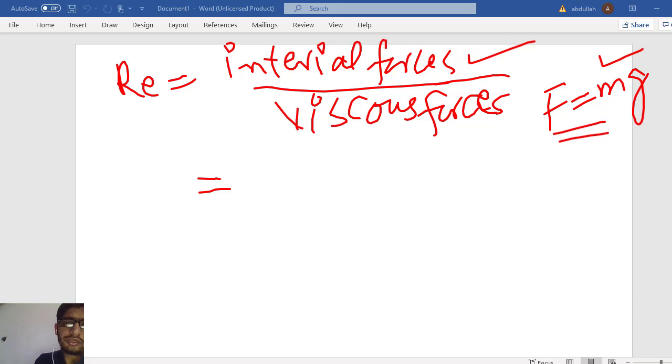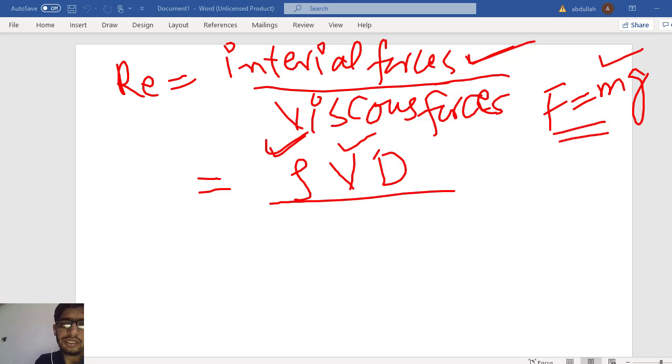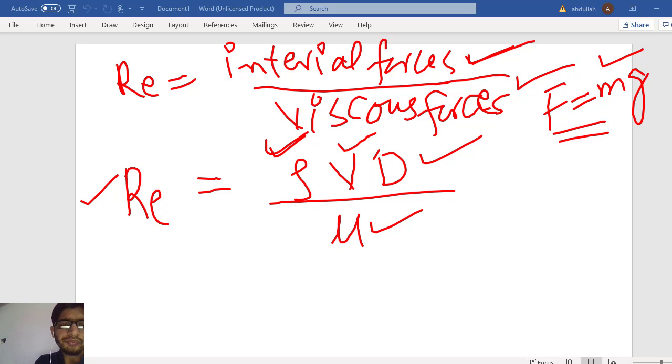So the inertial forces are denoted by rho, the density of the fluid, the velocity of the fluid, and the diameter of the pipe. Similarly, the viscous forces are denoted by the viscosity of the fluid. So the ratio between these, rho, v, D, and mu, is called the Reynolds number.